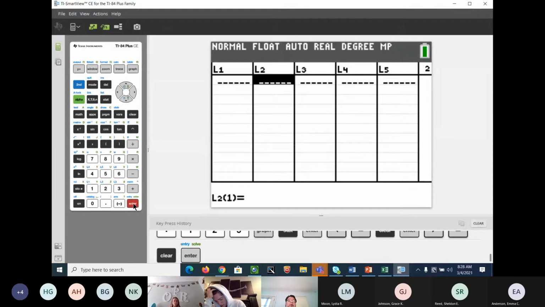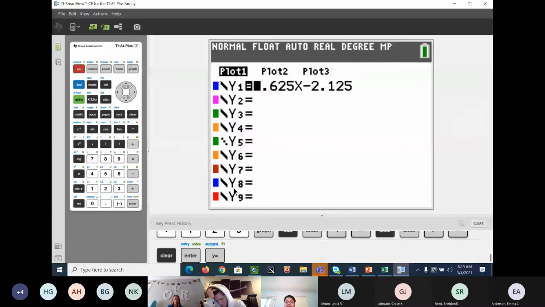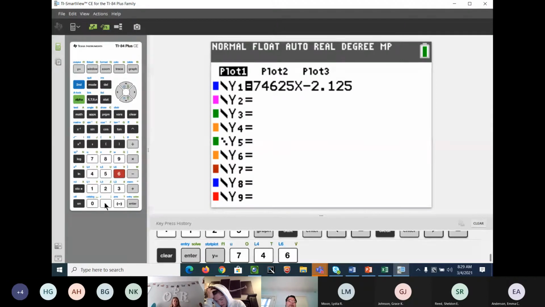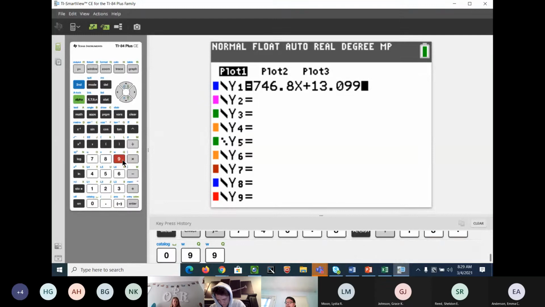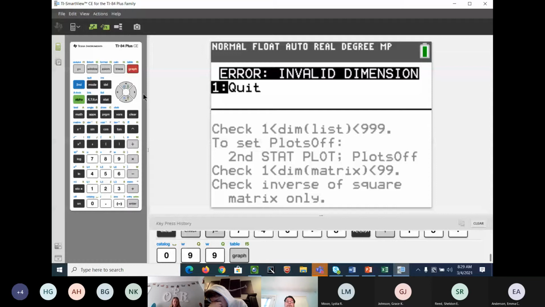Get those out of there and go to Y equals and punch in this problem: 746.8x plus 13.099. Everybody with me? And hit graph.